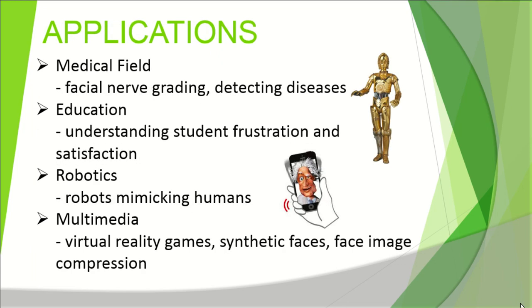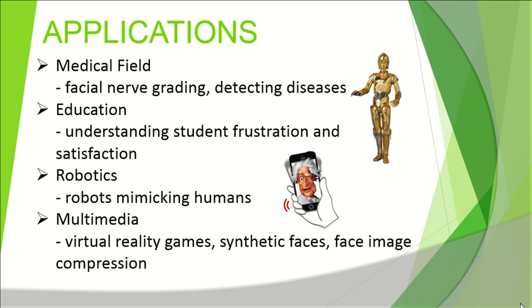As discussed in the previous slides, let us discuss some of the applications of emotion recognition. One application in the medical area is detecting diseases. Emotion recognition is used to detect diseases such as Parkinson's, Huntington's, etc. In the field of education, there are some projects which use emotion detection to understand the frustration levels and satisfaction levels of students when they are using an online tutor.